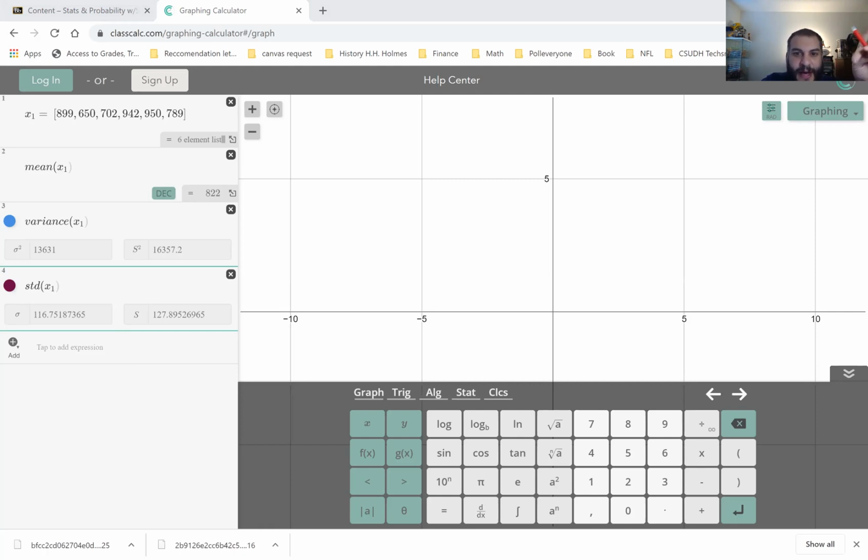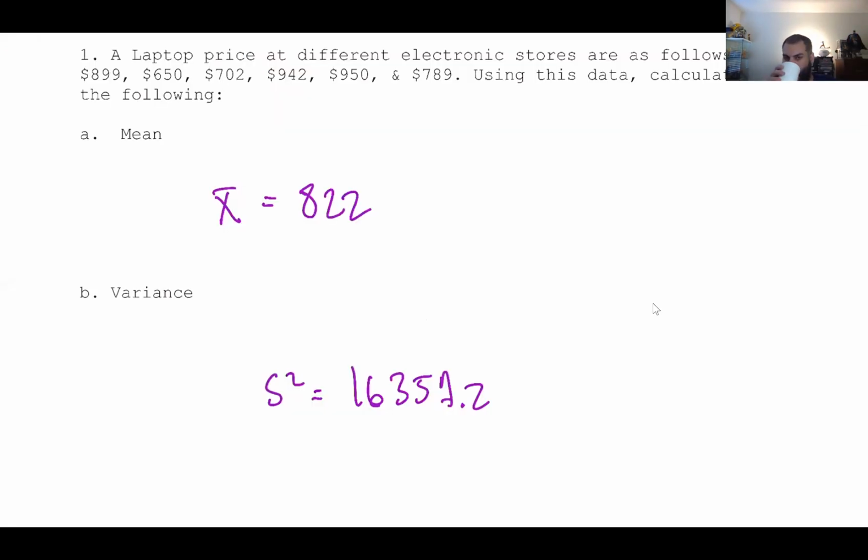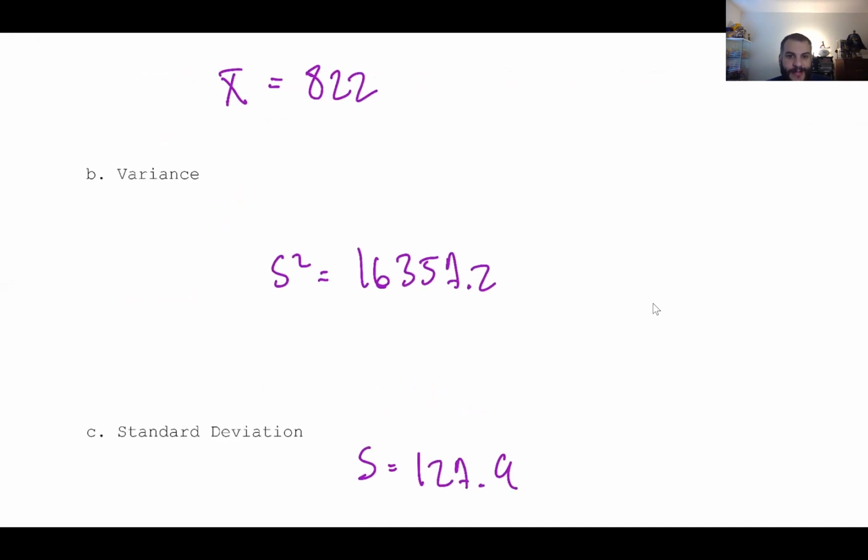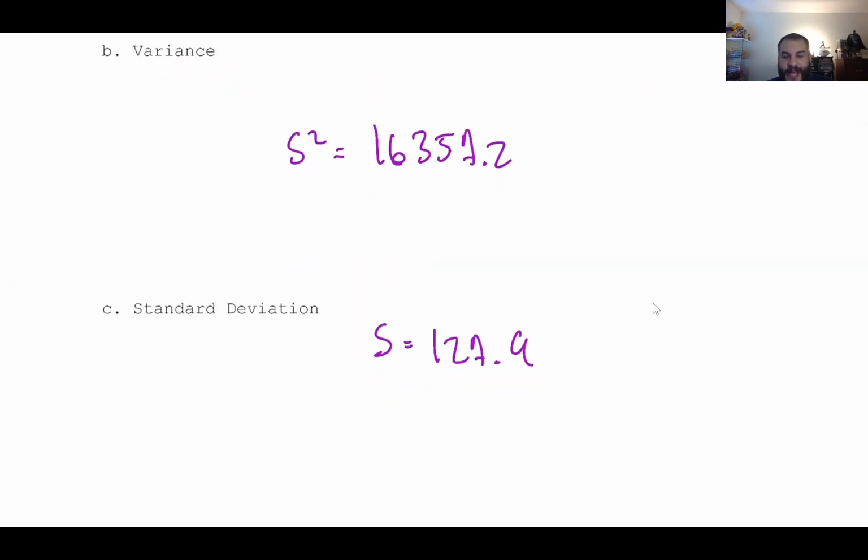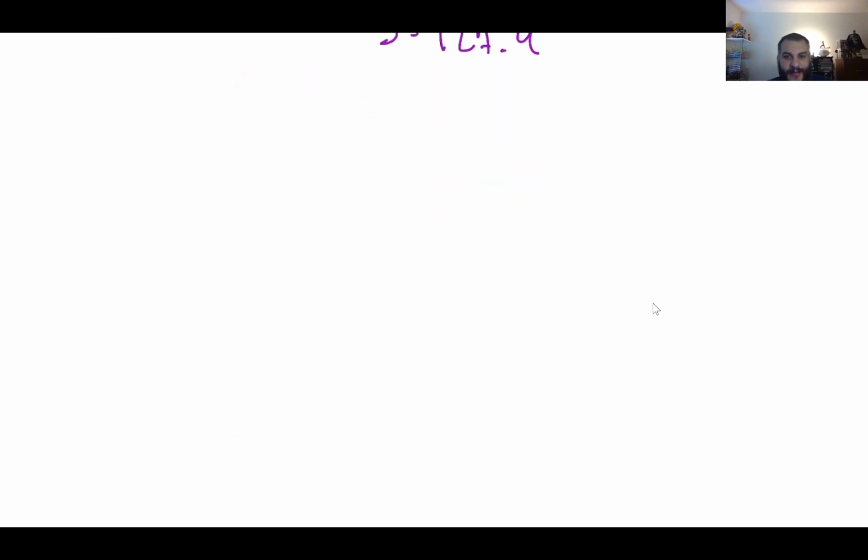All right, so let me go back to my notes. If you look at it, I put my mean, I put variance, and put standard deviation. All right, so let's scroll on down.